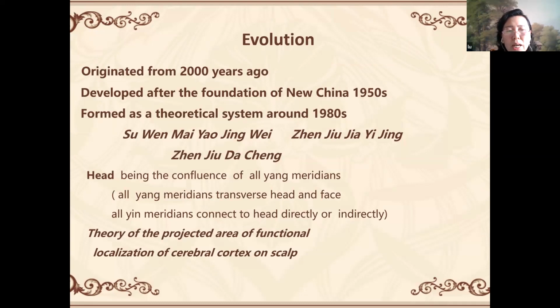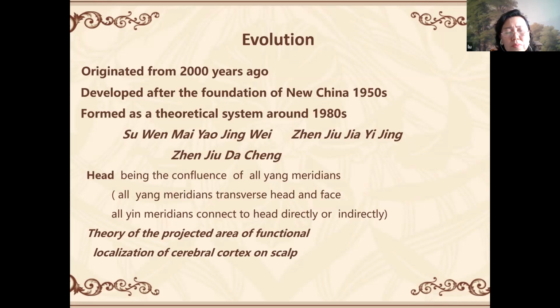It's a place where all yang meridians confluence, and meridians in fact connect to the head directly or indirectly by yang meridians. So we can understand that the head is a center of the whole body's energy, and by stimulating the area of the scalp, we can regulate the function of organs.